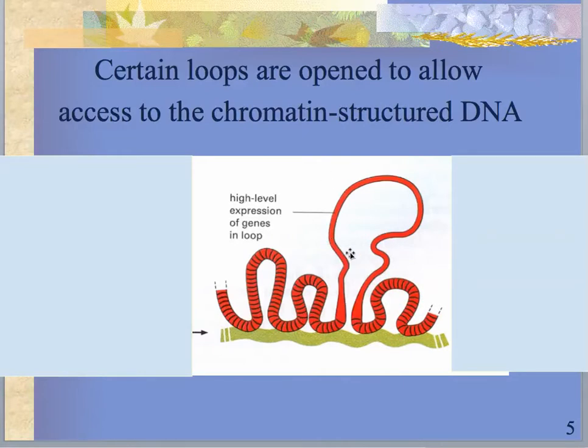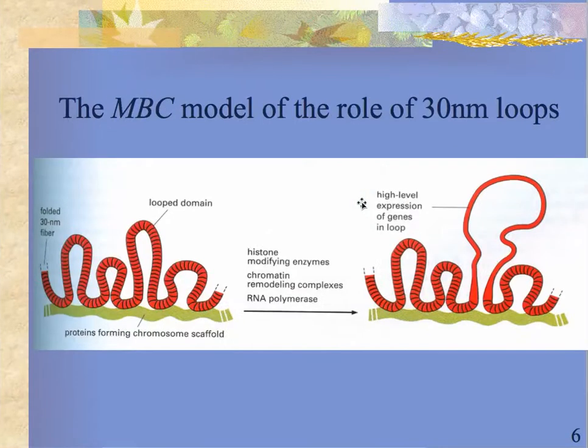They also said that sometimes these loops open up like this, and so I thought about why that was true. There could be other constraints, not at this level, but up in here, which were also acting to control expression. So this is the Molecular Biology of the Cell's model.